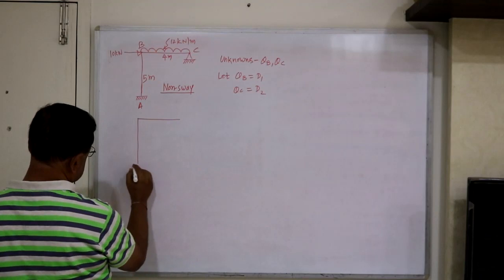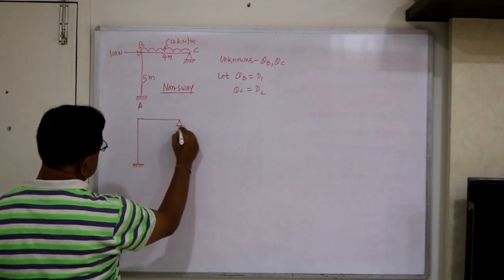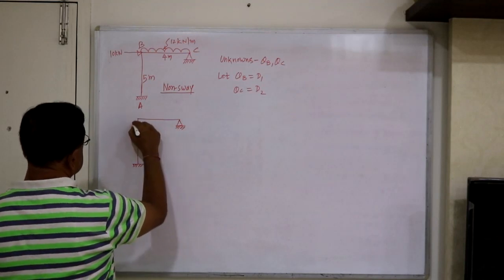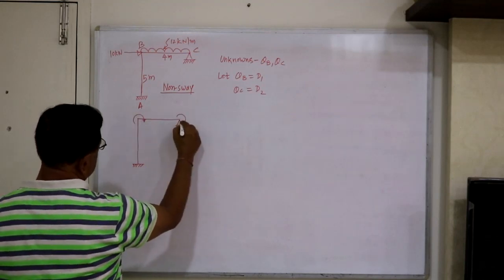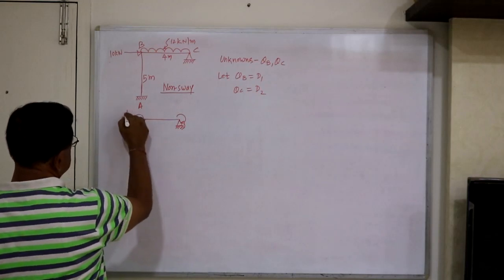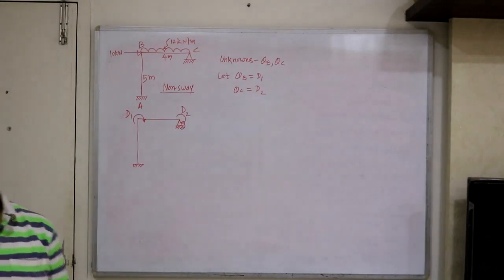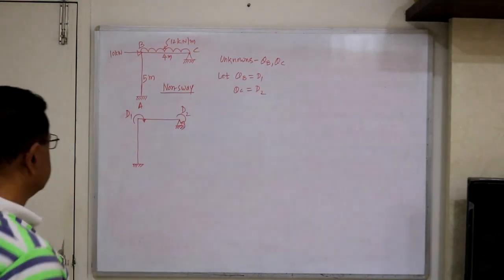Say this is fixed and here there is a hinge. So let's take clockwise rotations. Say this is D1 and this is D2. So D1 and D2 we have assigned the coordinates.